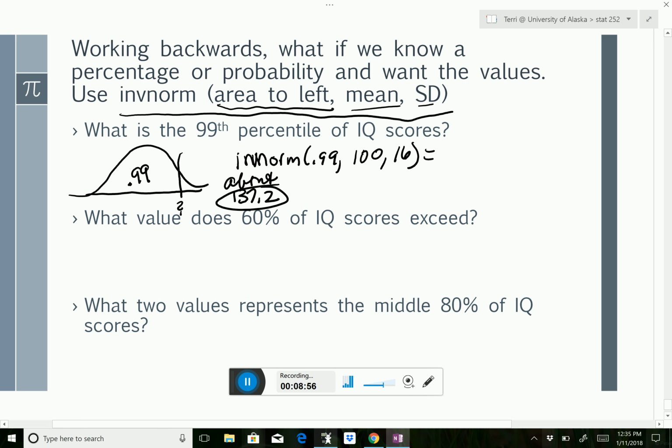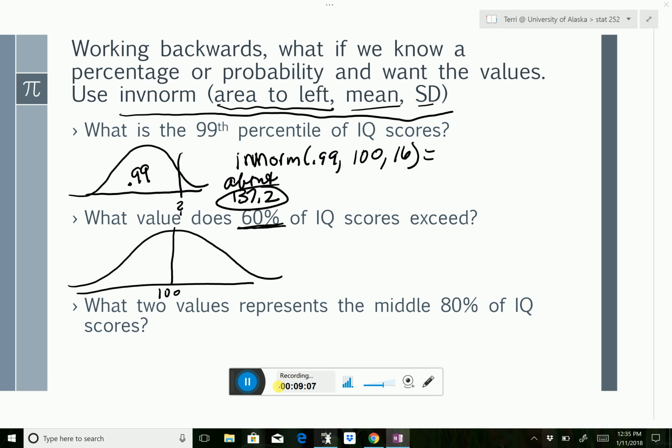So what value does 60% of IQ scores exceed? So we want a 60%. Whoops, that's not 0, that's 100. So we know it's below 100 because 50% will be above 100. So we know we have a point about right here. And this is 0.6.